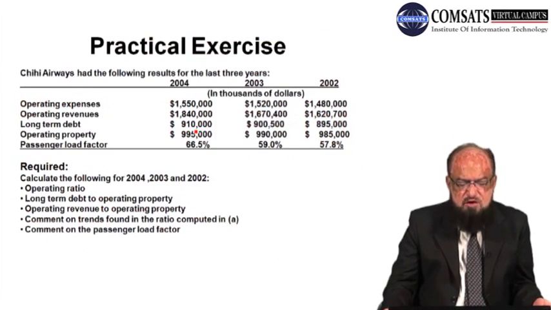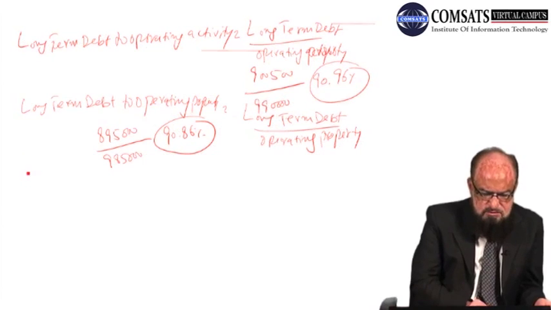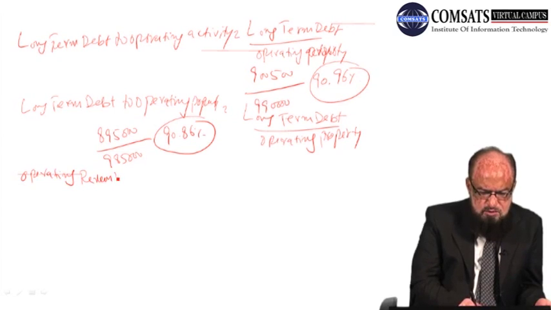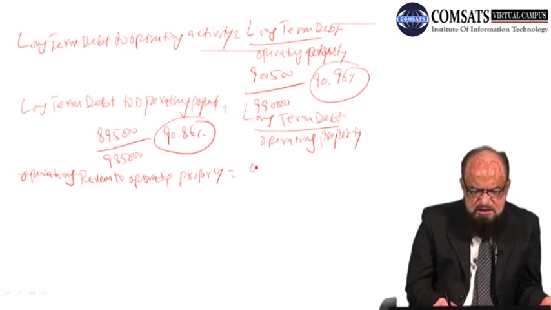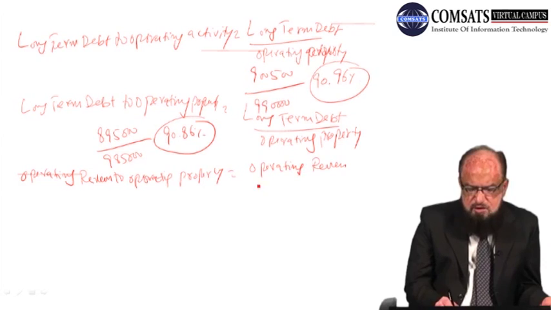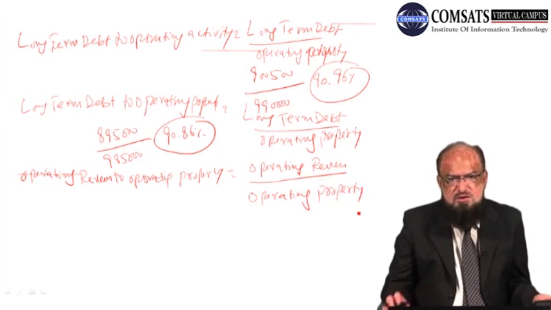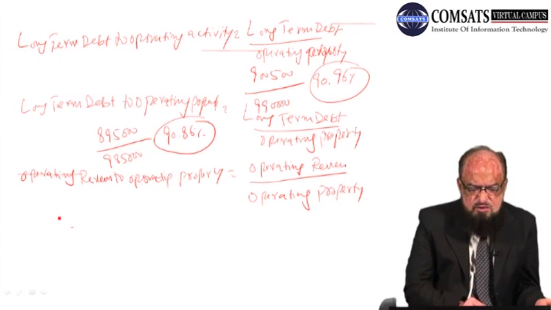Now we will calculate another ratio, that is operating revenue to operating property. The simple formula is operating revenue divided by operating property, for years 2004, 2003, 2002.